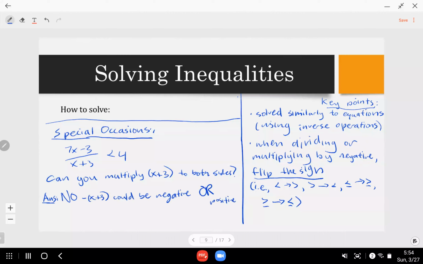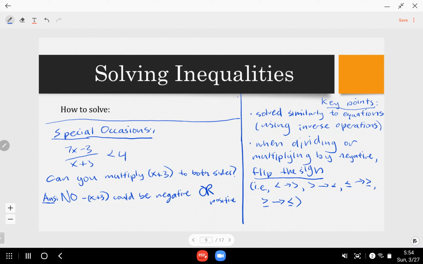So we don't know. If we multiply by x plus 3 and it is positive, then nothing changes. Still less than 4 times x plus 3. But what if it's negative? If you multiply by a negative, then we have to flip the sign. So the answer is no. You cannot multiply because you don't know what it is yet.